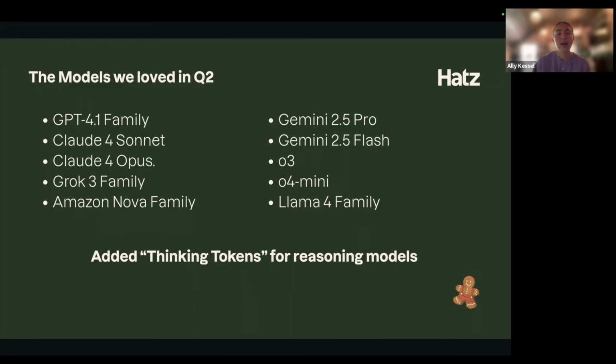So for us, the models that we loved, Q2 was a huge month for us, not only in getting many models into the platform, but this is also when we were able to start adding models on the exact same day that they were released. So I can't remember if it was Gemini 2.5 Pro, or it might have been O3 or O4 Mini, but one of those models was the first model where it was released that morning and we had it in the platform that afternoon.